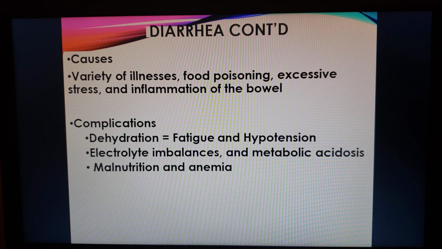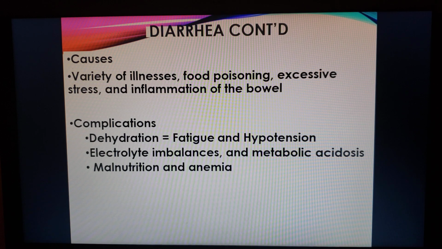Causes, there's a variety of things that can cause diarrhea. Illness, food poisoning, excessive stress, bowel inflammation, and then complications of diarrhea can be dehydration. And when a patient has diarrhea and becomes dehydrated, they have electrolyte imbalances.